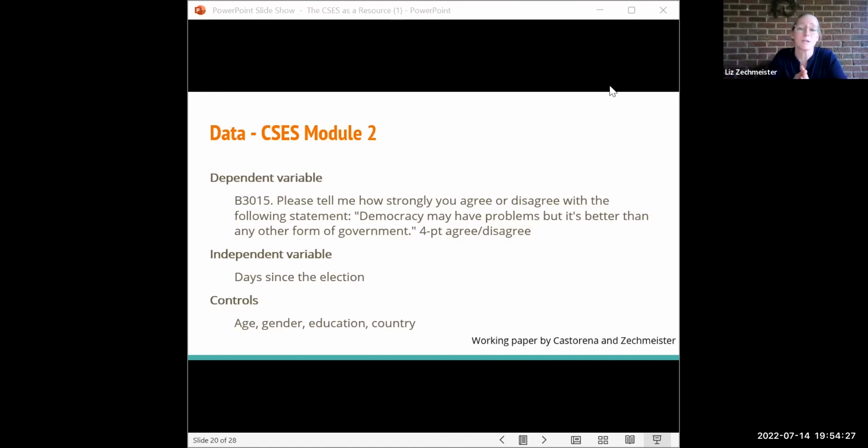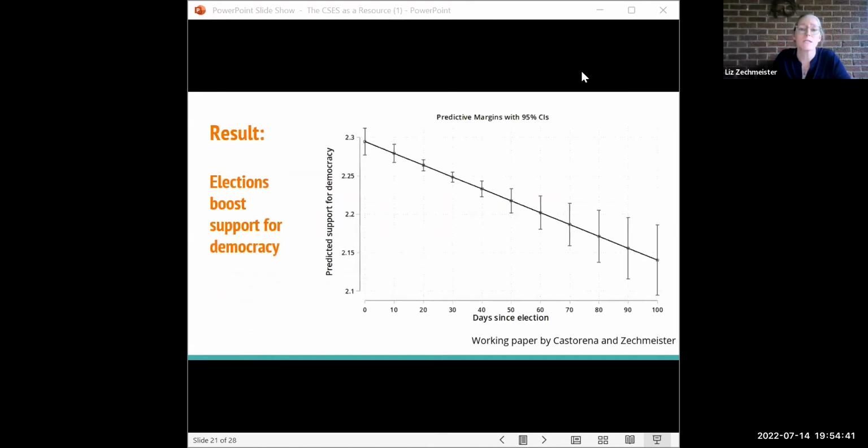So some are administered very quickly, effectively immediately after the election, and some are administered a few months later. So we're going to take advantage of that variation. And what we see in the data is evidence that indeed elections boost support for democracy.